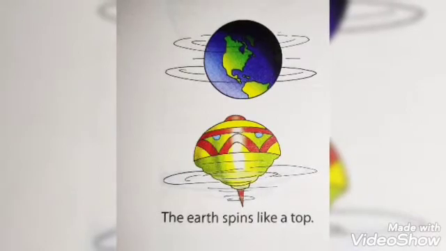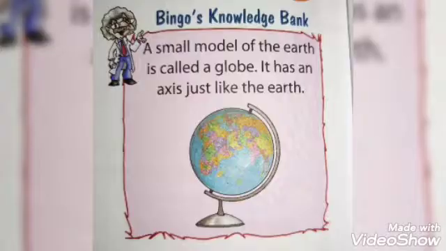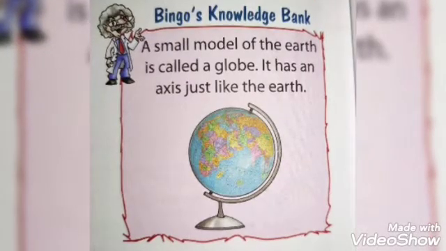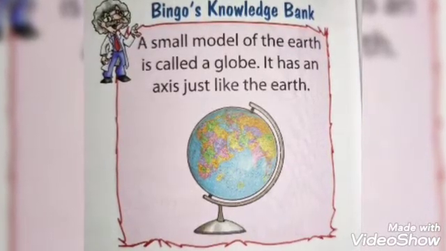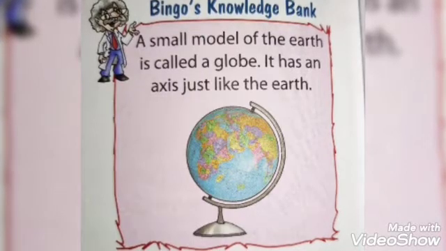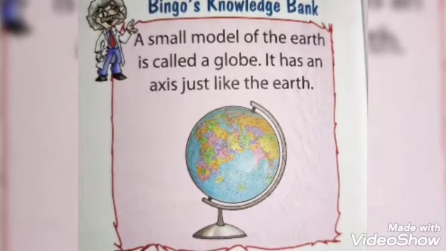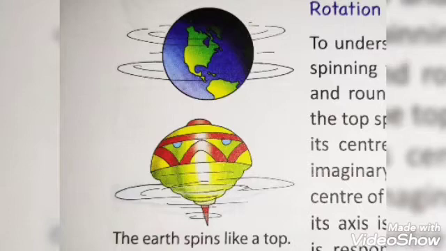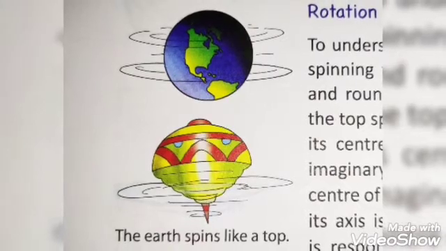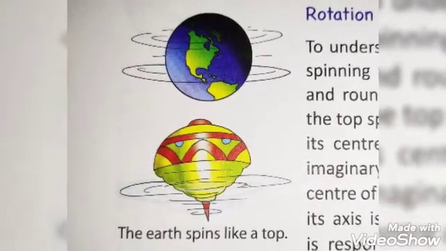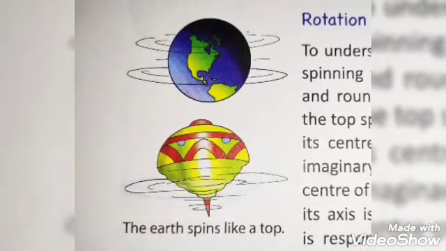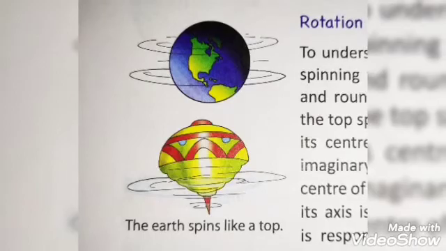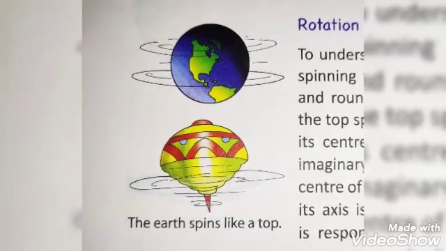That means one day occurs in 24 hours. The Earth rotates continuously. While rotating on its axis, the Earth also continues to revolve around the Sun. So rotation and revolution occur simultaneously.